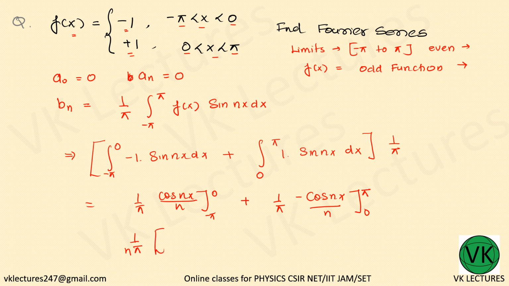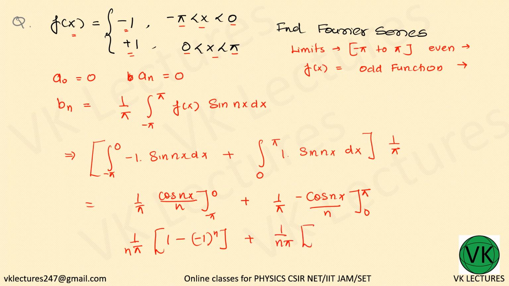So cos 0 is 1, so putting the upper limit first, that is cos 0, which is 1, minus cos n pi, which is minus 1 whole to the power n, plus again 1 by n pi.